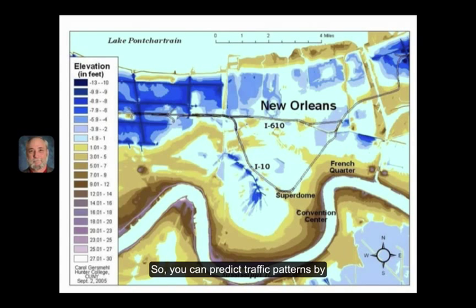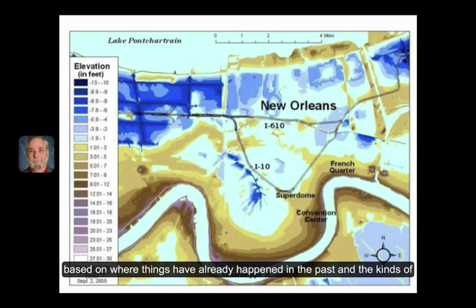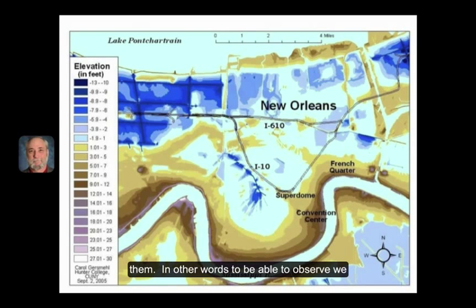So, you can predict traffic patterns by looking at existing patterns of growth and where the traffic is already bottlenecked. You can predict troop movements based on where things have already happened in the past and the kinds of terrains that you see and the patterns that are there. There are many, many types of patterns that we can observe. As geographers, one of the things that we need to do is to sensitize ourselves not only to the patterns, the ability to see patterns and to recognize them, in other words, to be able to observe.